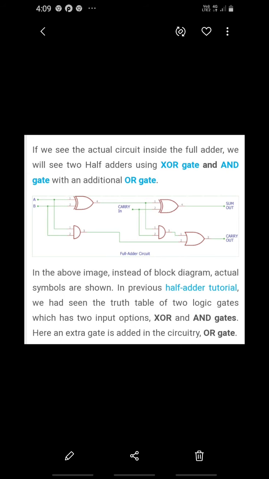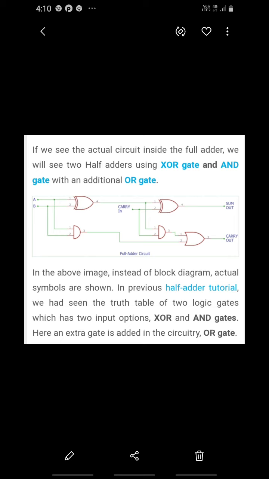Here, if we see the actual circuit inside the full adder, we will see two half adders using XOR gate and AND gate with an additional OR gate. In the above image, instead of a block diagram, actual symbols are shown.